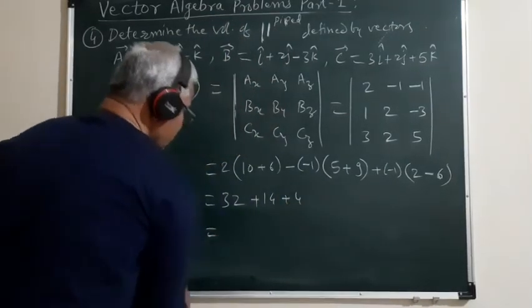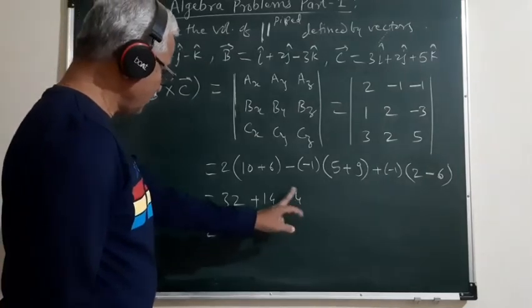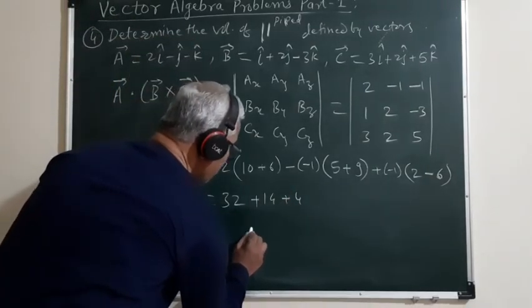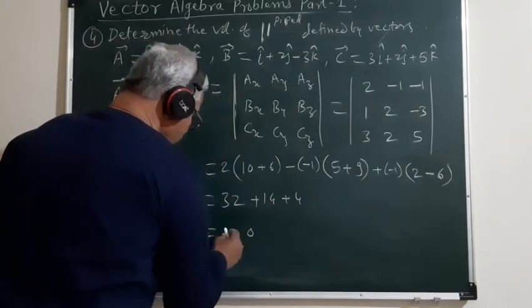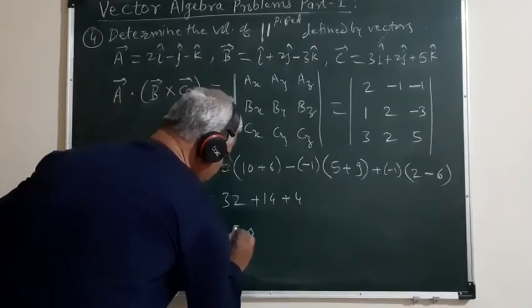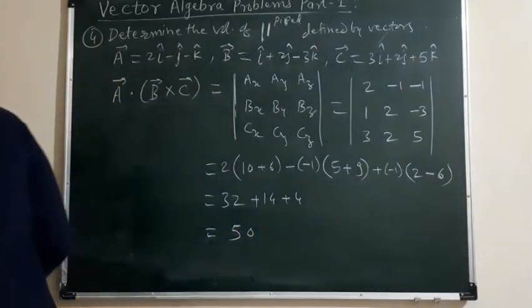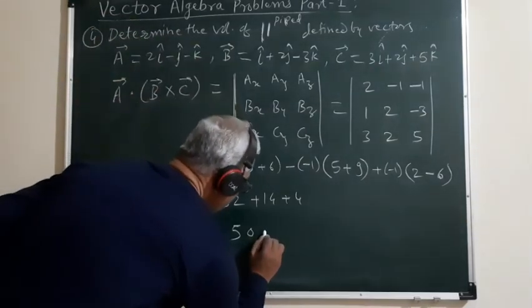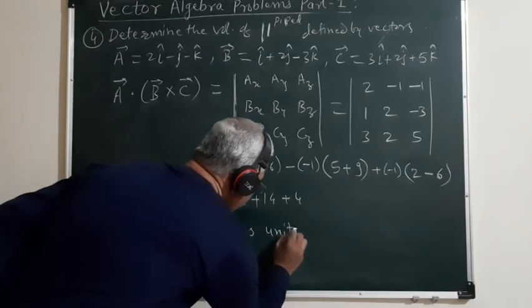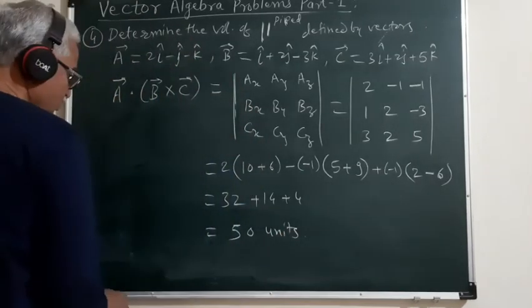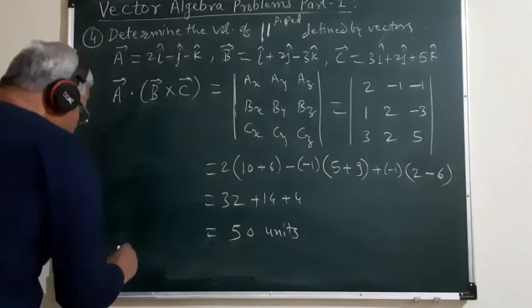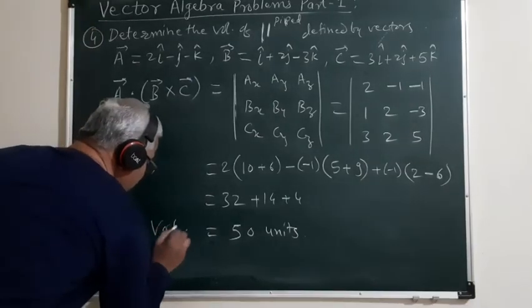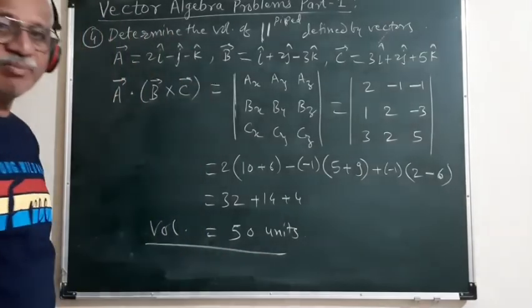So this is equal to 32 plus 14 plus 4, which is 50. So the volume of this parallelepiped works out to be equal to 50 units.